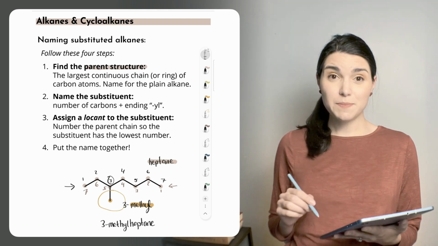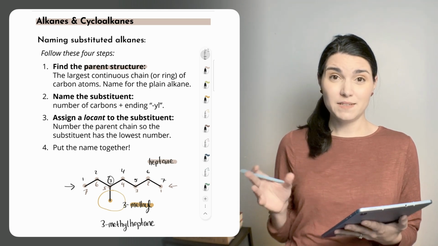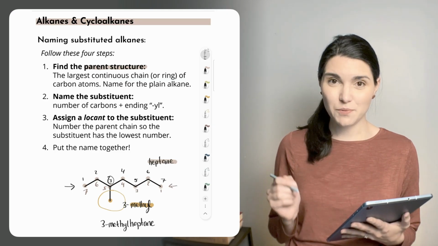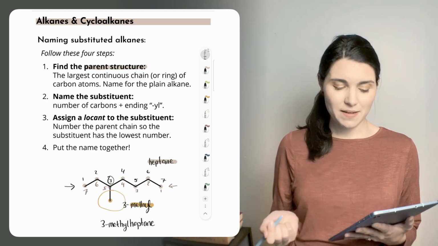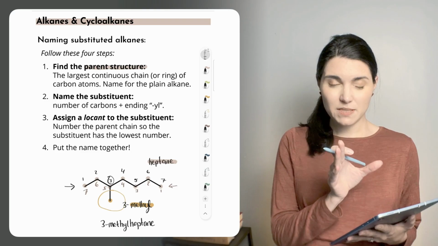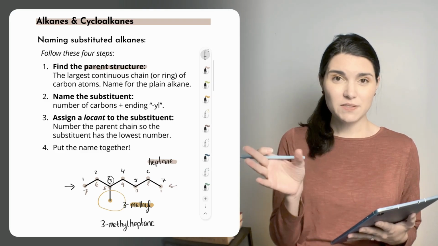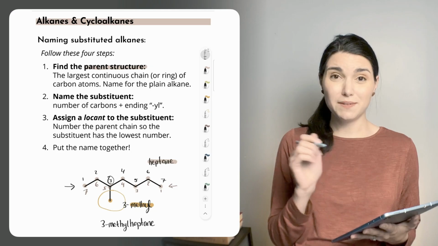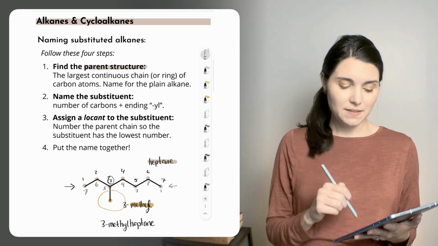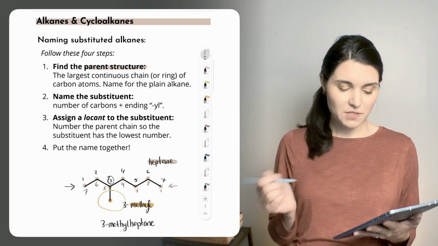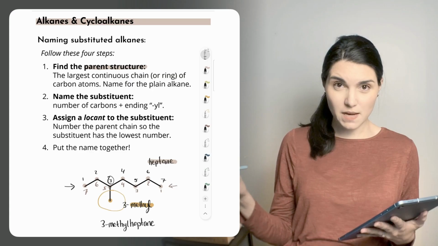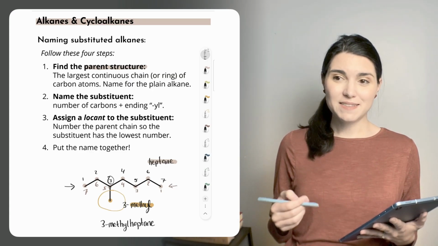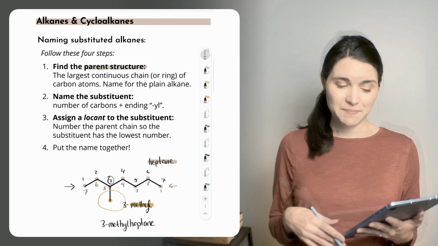Now, there's no space in between methyl and heptane. It's one word. Spaces are used for very specific reasons only in IUPAC naming. And so between the substituent and the parent structure, there's no space. And we always put a dash between the locant and the substituent name. So 3-methylheptane, one word.